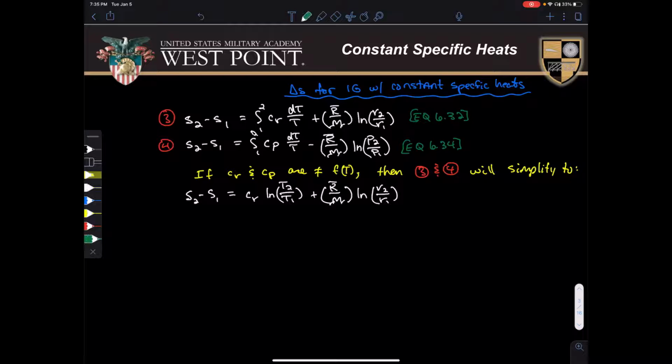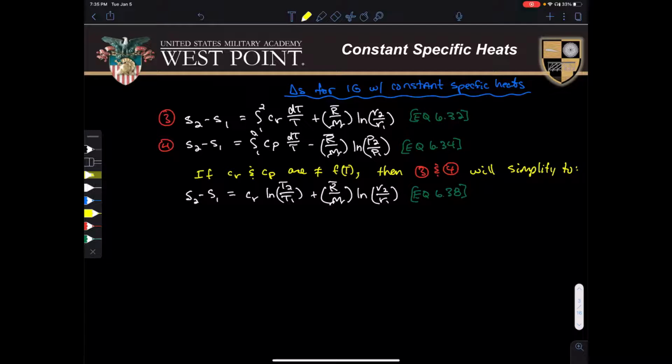And this is equation 6.38. And by applying our constant specific heat assumption, it allowed us to simplify the first integral on the right-hand side of our equation 6.32.